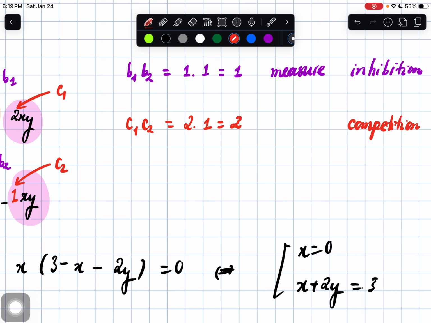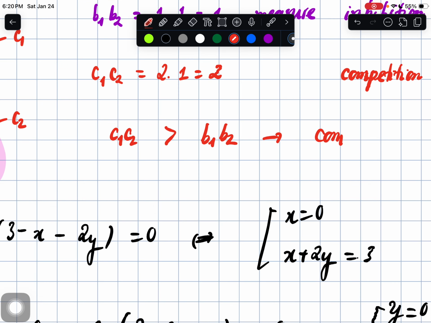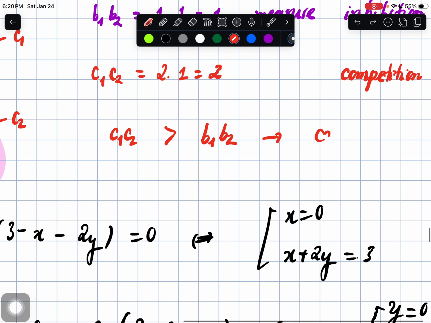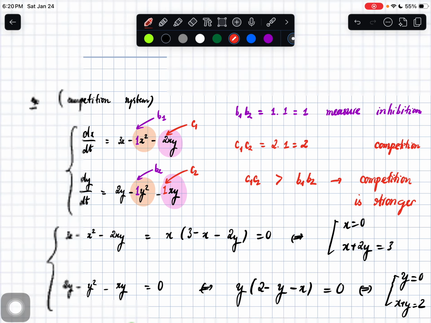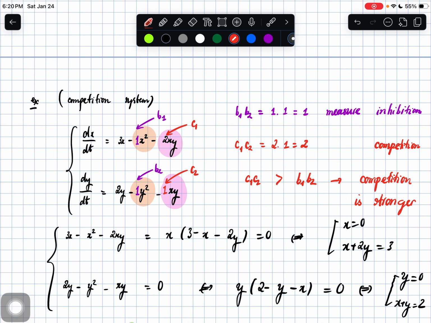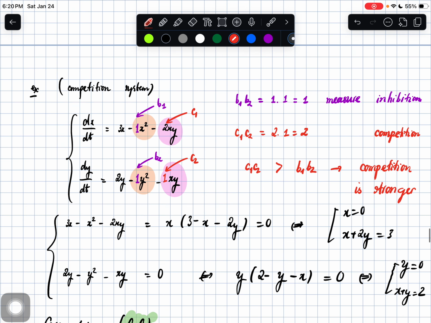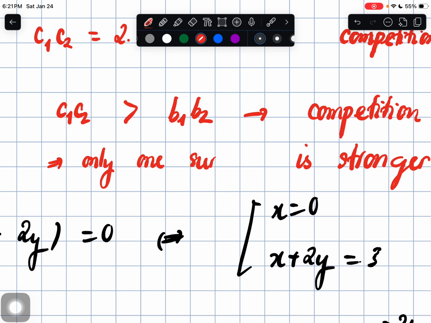In this case, C1 times C2 is bigger than B1 times B2, so the competition is stronger than the self-limitation. In this case, only one will survive, and the other one becomes extinct.